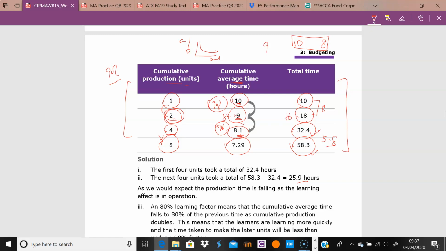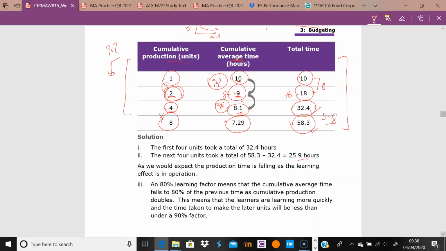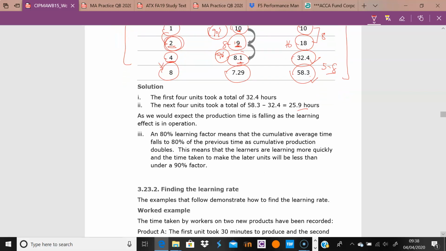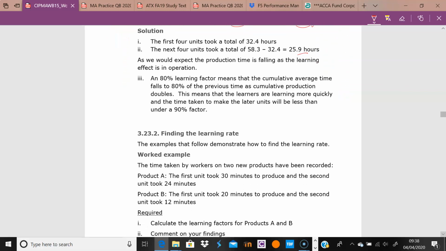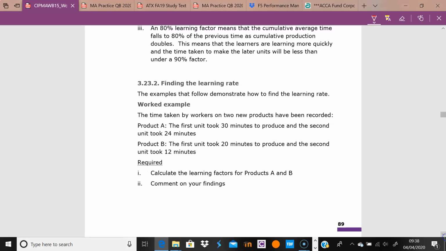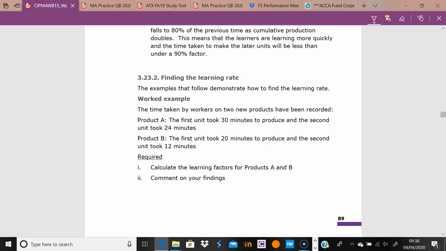So you can see the point is that as the learning factor, so to speak, falls, this means we're taking less time to actually make this product. We're more efficient. So we actually want it to fall. We want it to go as low as possible so that we're making the goods as quickly as possible.